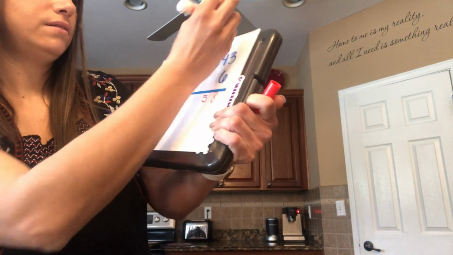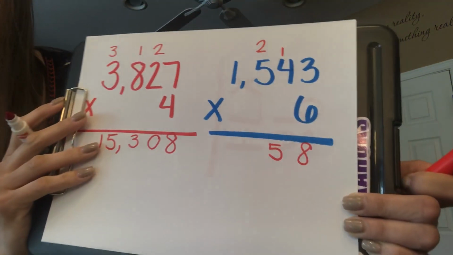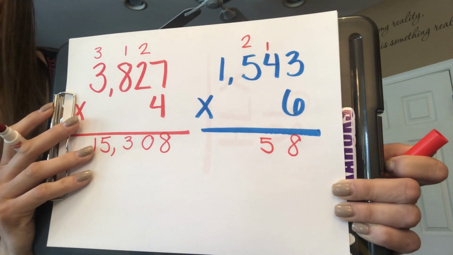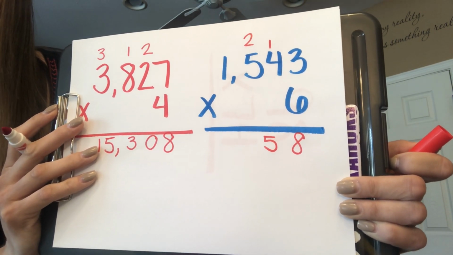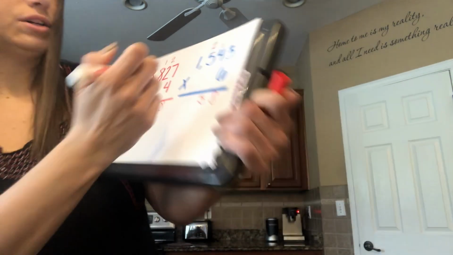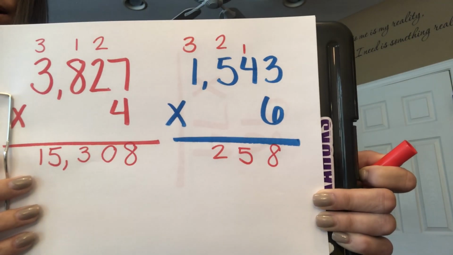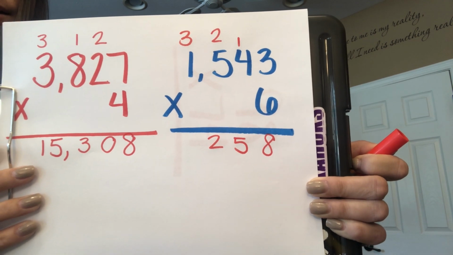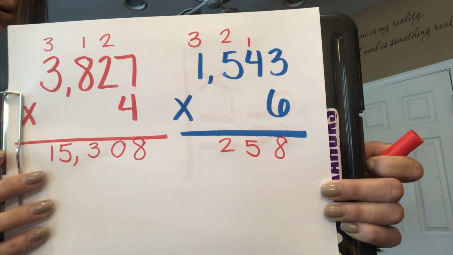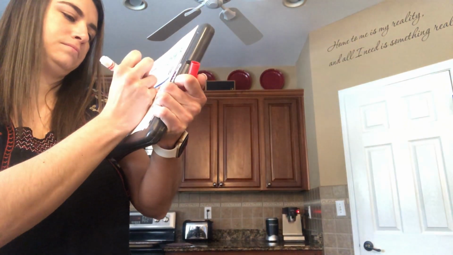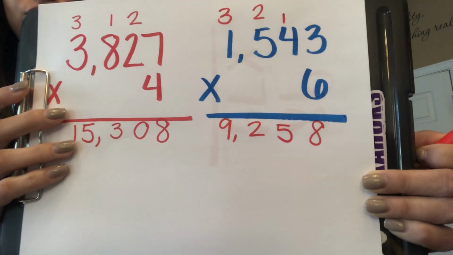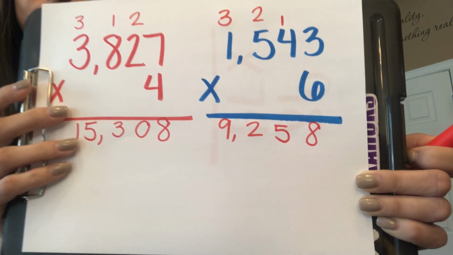Write my 5, carry my 2. 6 times 5 is 30. And 30 plus 2 is 32. 6 times 1 is 6. And 6 plus 3 is 9. So you should have gotten 9,258.